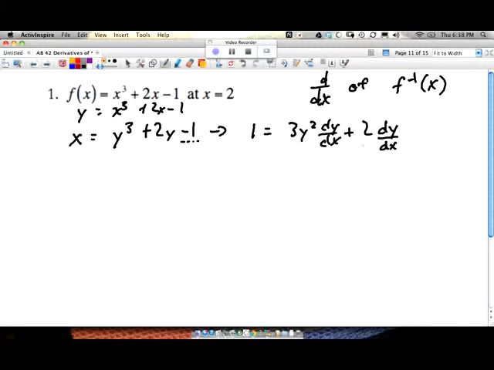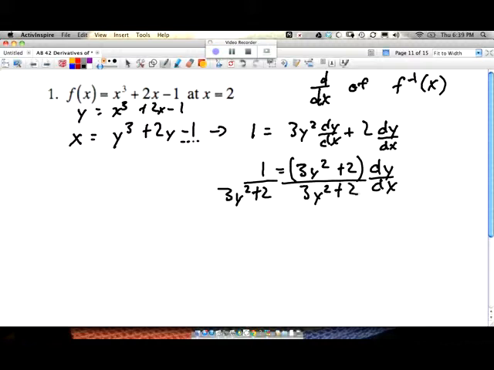Okay, so now that I have this, let's do some factoring. We would have 3y squared plus 2 times dy dx equals 1. Then divide both sides by 3y squared plus 2. And that gives me 1 over 3y squared plus 2 equals dy dx.